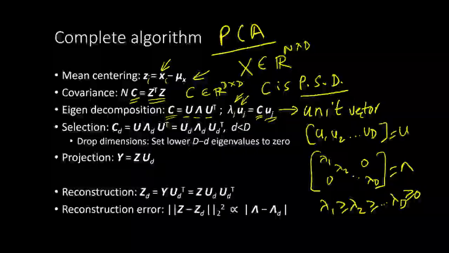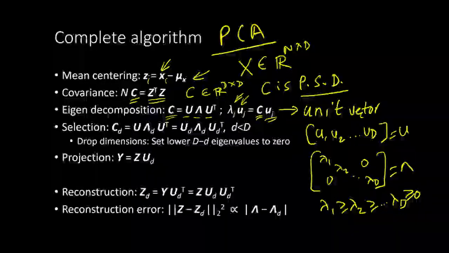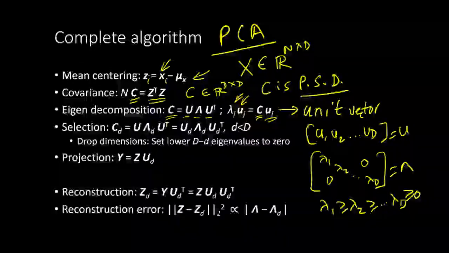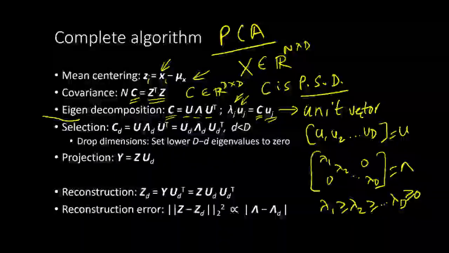All right. Now here comes the principal component part. What are these u1, u2, up to uD? These are unit vectors, directions in the d-dimensional space, and all these directions are orthogonal to each other.